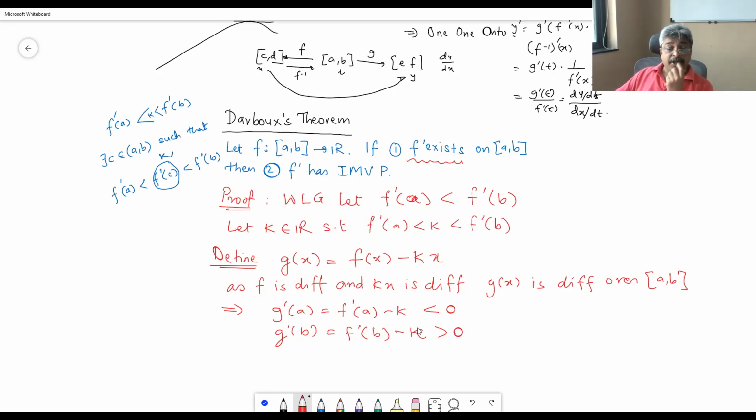And g is differentiable over a comma b, and hence it is continuous over a comma b, as g of x is continuous over a comma b.